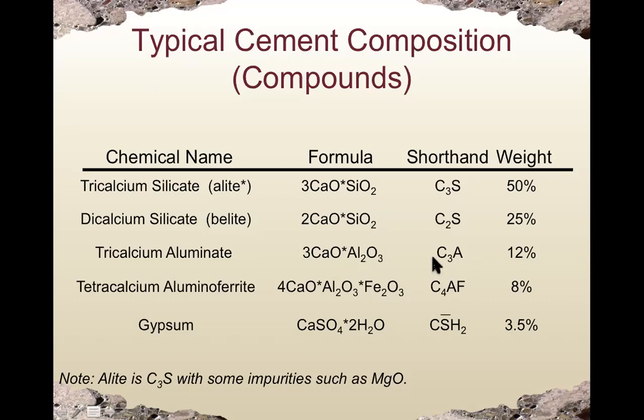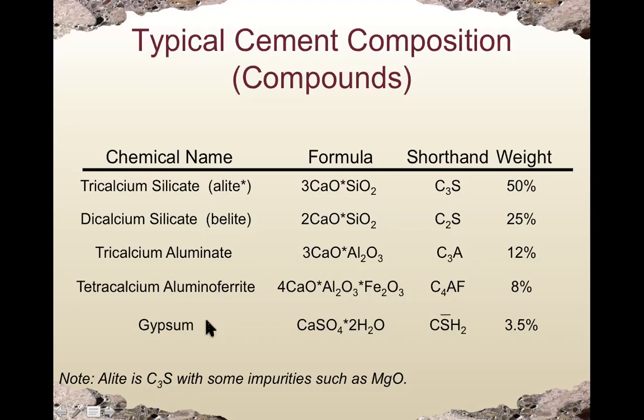The third one is C3A. The full name is tricalcium aluminate, so 3 parts of calcium oxide with 1 part of aluminum oxide. The fourth one is C4AF, called tetracalcium aluminoferrite. Tetra is for 4, so 4 parts of calcium oxide with 1 part each of aluminum oxide and ferric oxide.